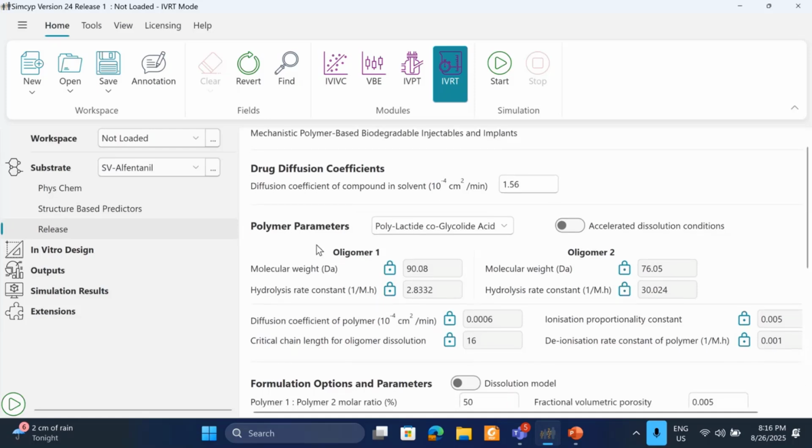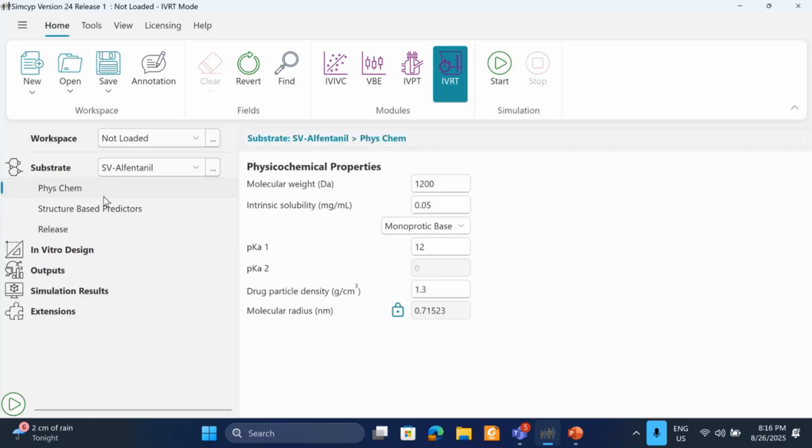So here you can see within substrate, we have physchem information where the user can input molecular weight, intrinsic solubility, and whether the molecule type is monoprotic or diprotic. We can also incorporate PK information and drug particle density. From information like molecular weight, we can calculate the molecular radius.